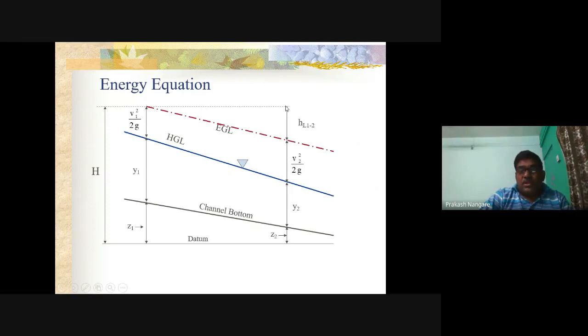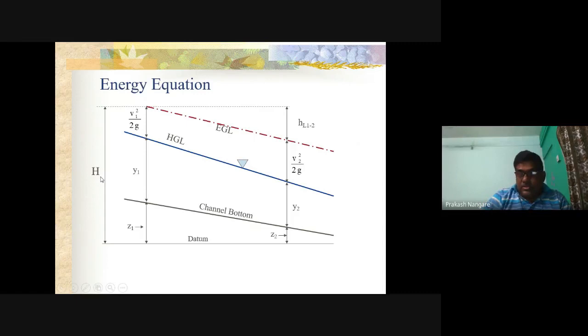This vertical ordinate from the horizontal line represents the total energy line, or energy gradient line, for the ideal fluid. You observe this loss, the hydraulic loss between section 1 and 2, which is equal to HL1-2.